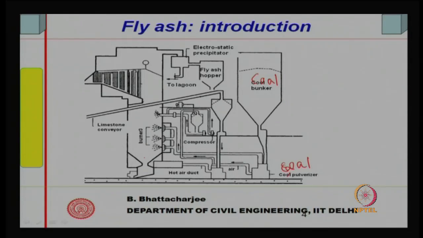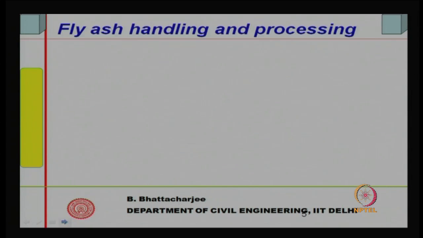Compressed air is also passed in through the burner, and the burned gases pass through the electrostatic precipitators, and finally the ash is collected from the electrostatic precipitator. If the ash is handled dry, it goes to the fly ash hopper, and if handled wet, it goes to the lagoon or the pond, mixed possibly with bottom ash. So, this is fly ash production.